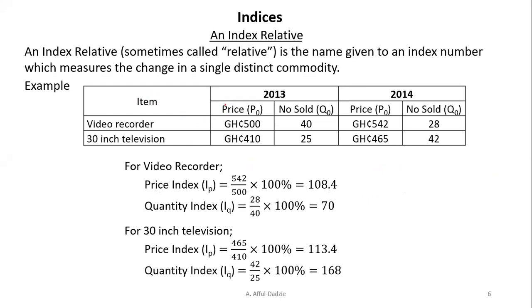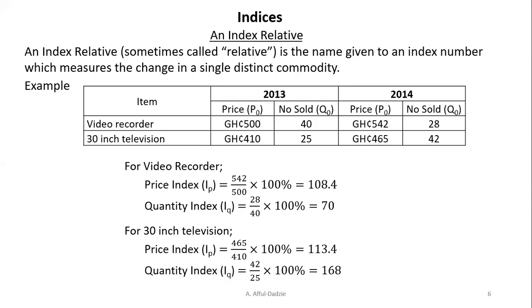All right, so let's look at index and index relative. Now, when you have many products, maybe one or more products, and you're interested in the index number relative to a specific product, we can also compute that using the same idea.